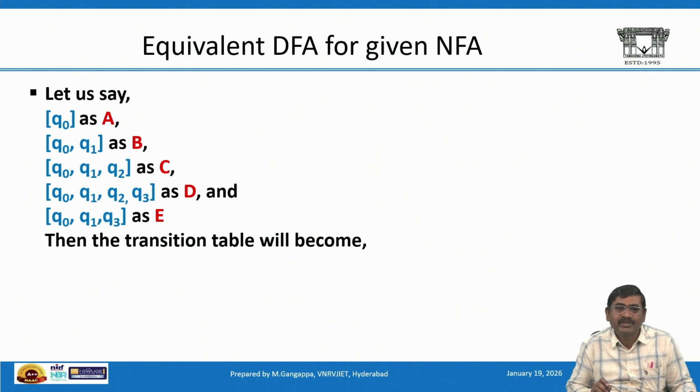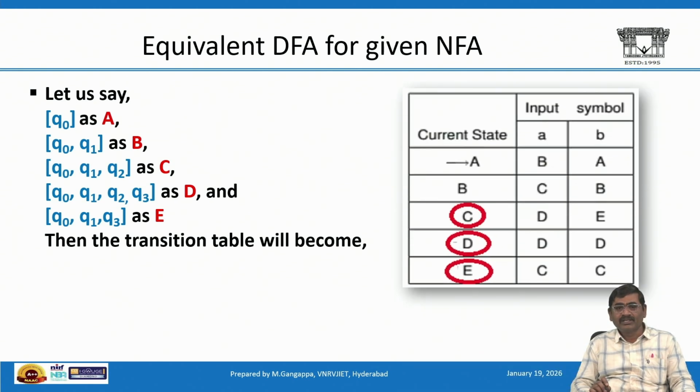Q0 is represented as capital A. Q0, Q1, the entire one is one state, so that can be represented as B. It is better to use one capital letter to represent an entire state as one unit. Q0, Q1, Q2 is one state that can be represented by C, and similarly D and E for the remaining states.